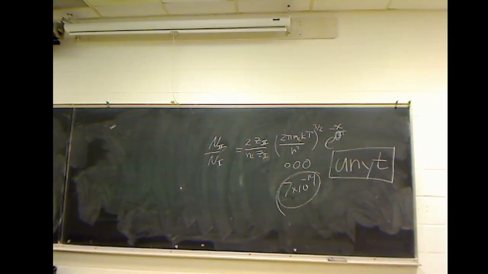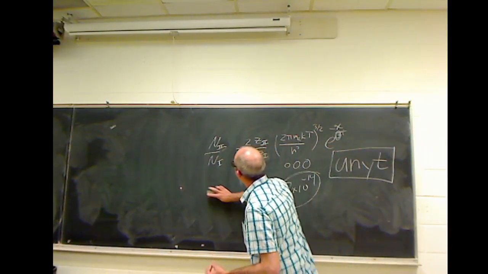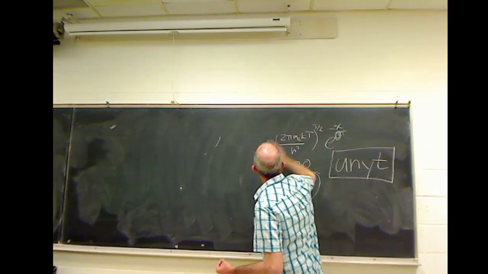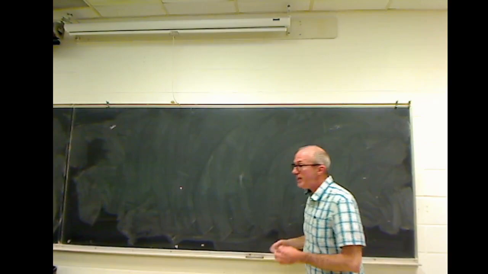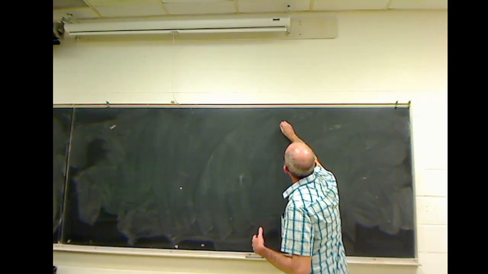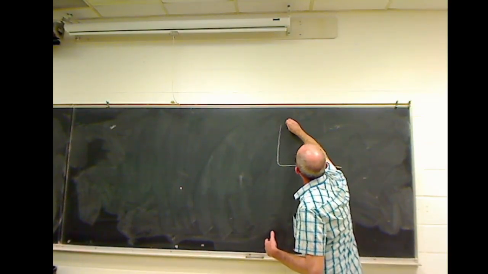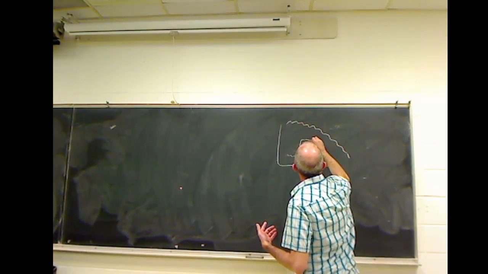Very small. Okay, so now we do the same thing for calcium, and I wanted to do this because I'd never sat down to work this out. But I've been talking about the 4,000 angstrom break for a long time. We'll talk about the 4,000 angstrom break in a little bit. Basically, what we see in spectra is an O star kind of looks like this, but an A star looks like this.